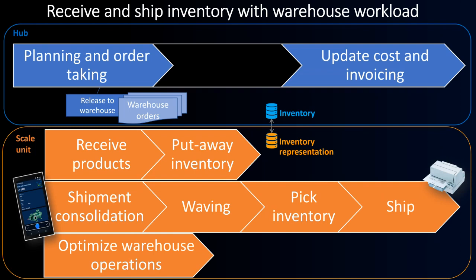We can break down these activities into three main sets of transactions. We have our inbound or receiving processes, we have our outbound or shipping processes, and then we have warehousing operations. And we have a slide on each of these.